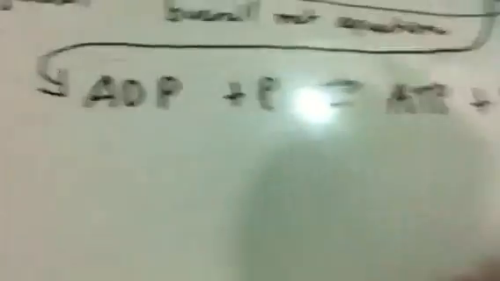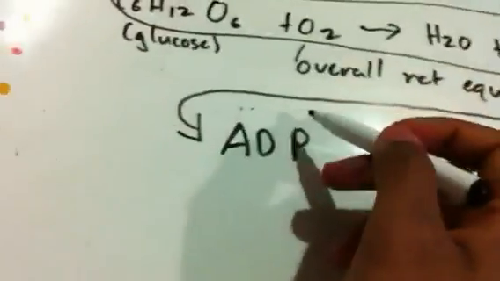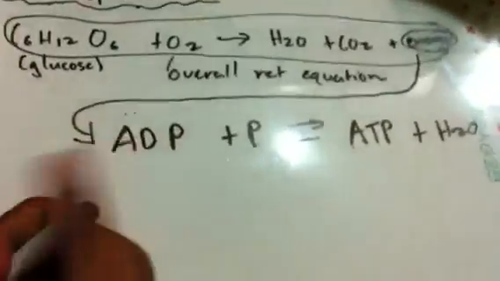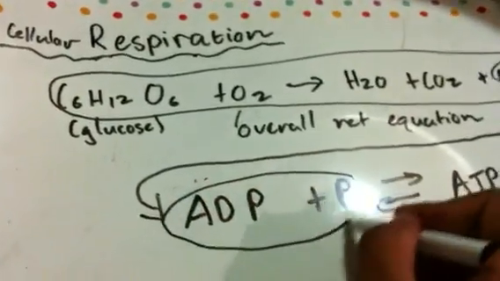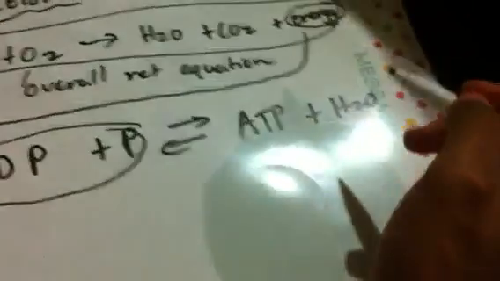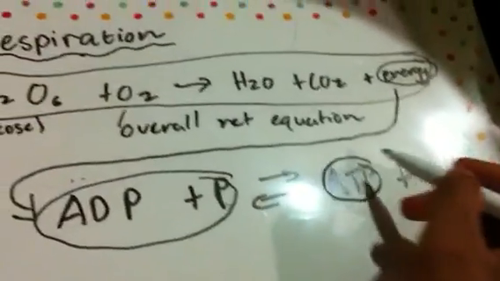Now this isn't a proper chemical equation, I'd have to draw out the proper structures of ADP, P, ATP, but this is just an overall basically represented equation. So the energy that we got from cellular respiration is going in to fuel this combination of ADP plus P goes to ATP plus water.